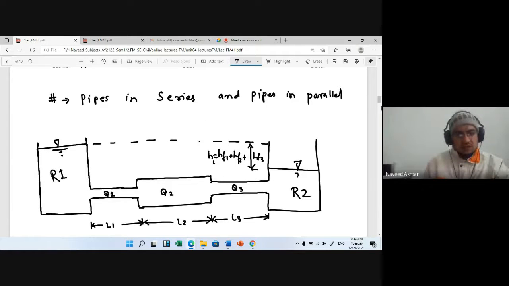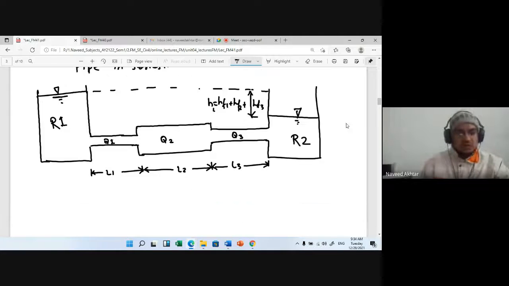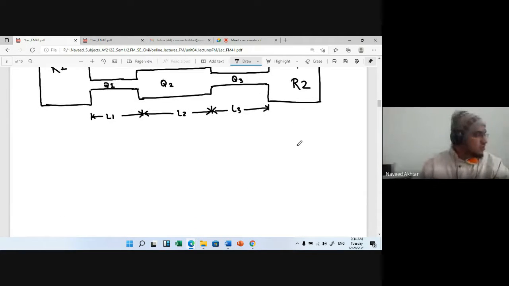This is pipe in series we are studying, because all the pipes are placed in series, with lengths L1, L2, L3 and diameters D1, D2, D3, and losses due to friction Hf1, Hf2, Hf3.